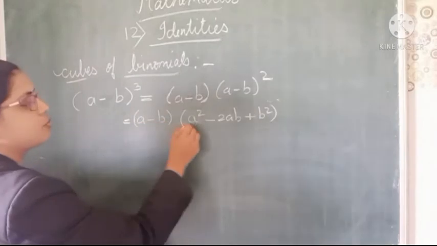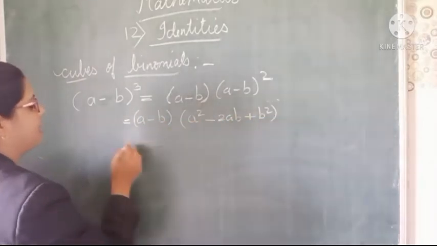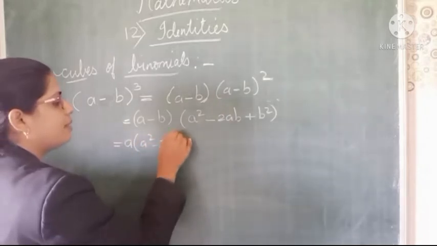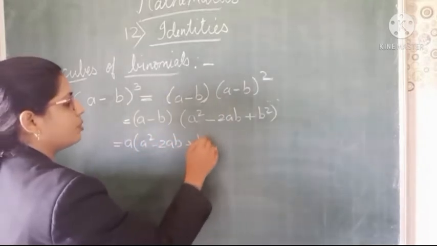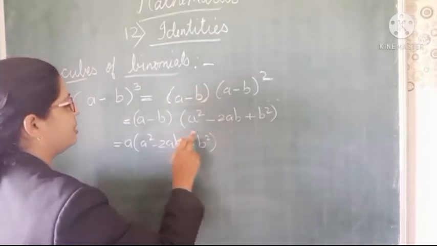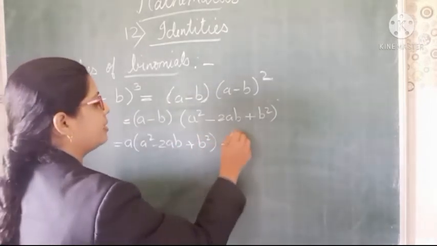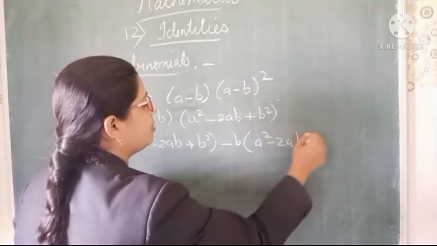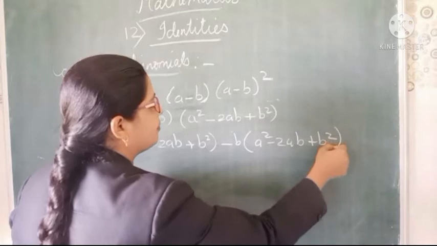Multiply these terms to each term of this bracket. So it will be a into (a square minus 2ab plus b square). Next it will be minus b into (a square minus 2ab plus b square).